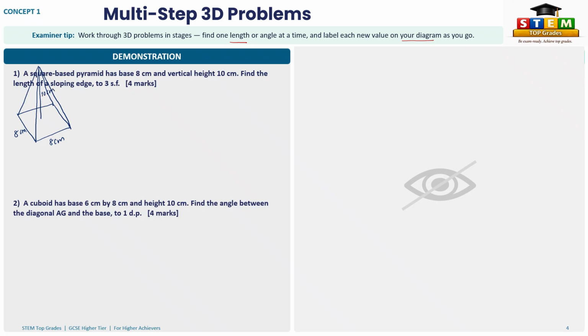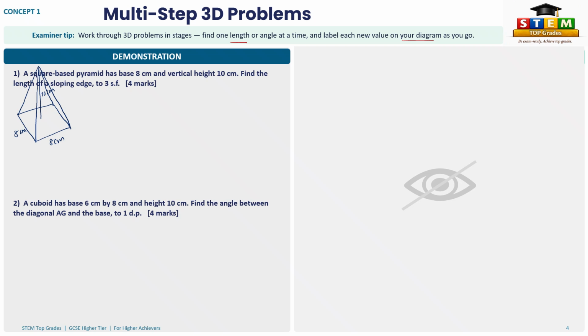What I'm going to do in the first instance is try to identify the triangle or triangles that will help me solve the problem. Now, in order to find the sloping edge, I am going to look at this side as the sloping edge. I need to identify the triangle that I'm going to work on.